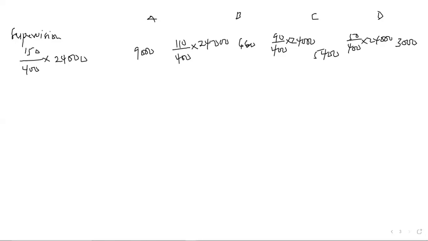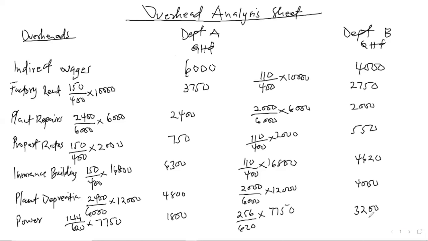After that, we want to know the total overheads for each department. So what we have to do is add the factory rent for department A, plant repairs for department A, property rates for department A. So we add this, and this, and this.